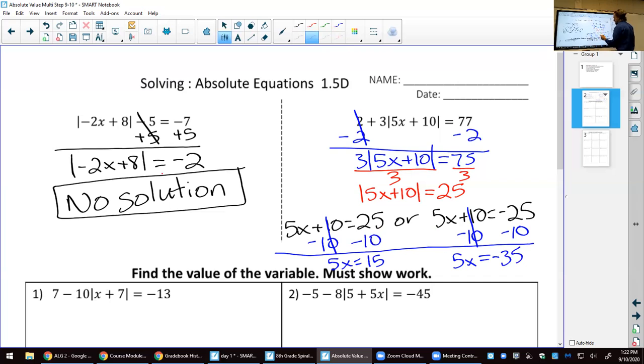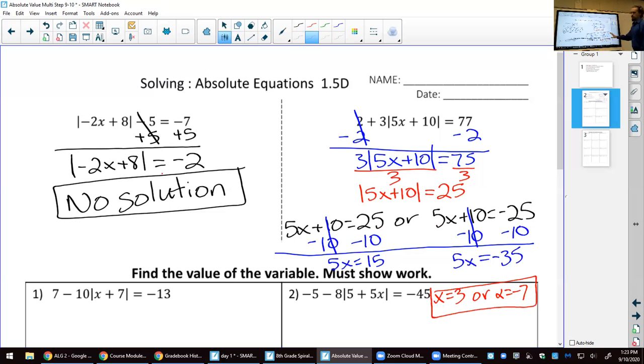So let's do a little bit of mental math here to save on space. 5 times what is 15? That's 3. And 5 times what is negative 35? That is negative 7. Okay.